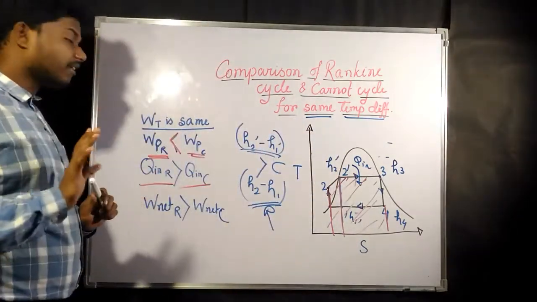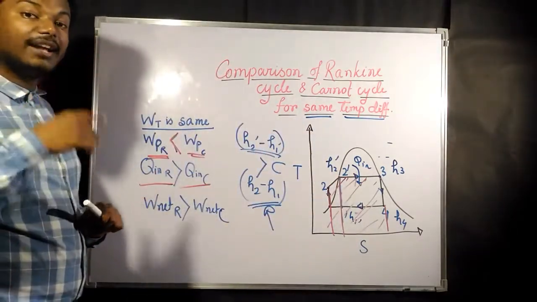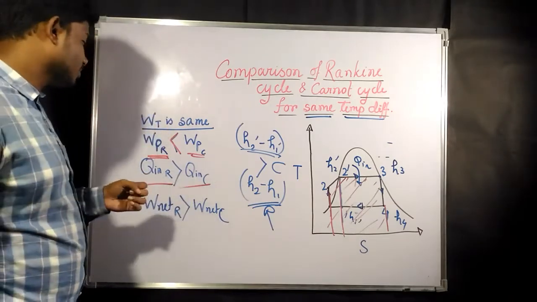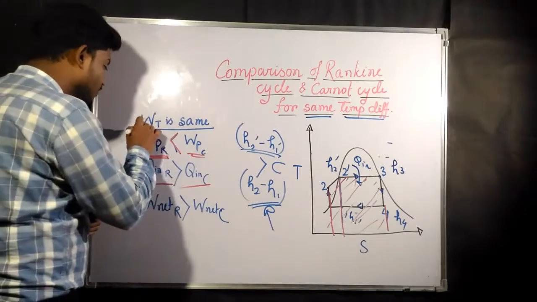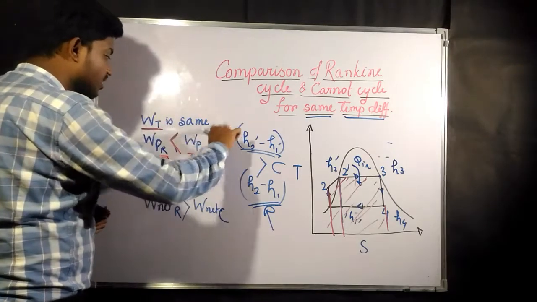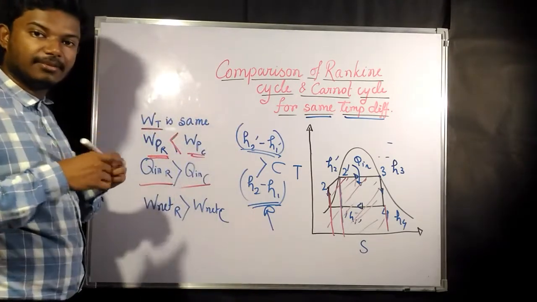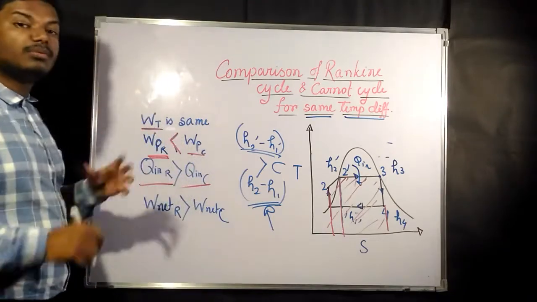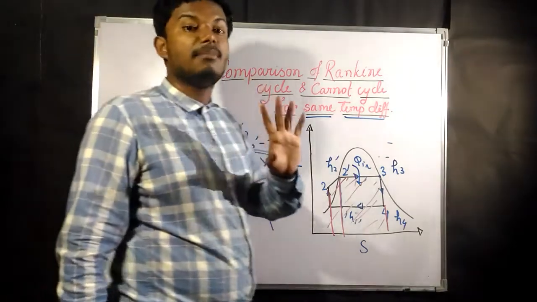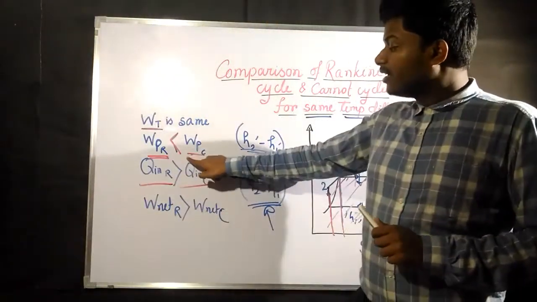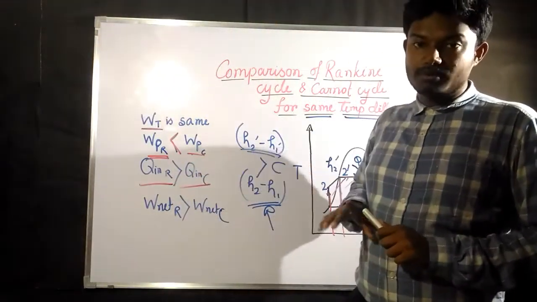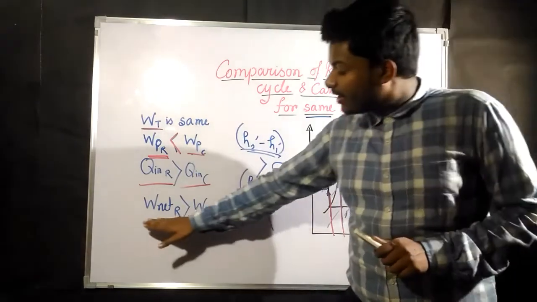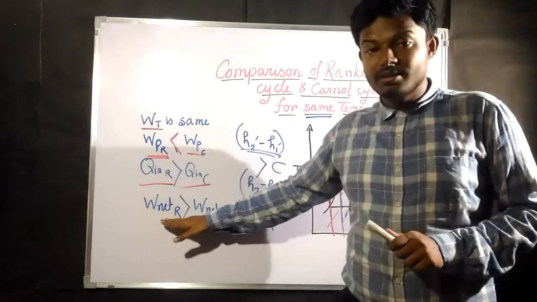Now let us find out in which case W net is going to be the same. You have seen that WT, the work done by the turbine, is the same for both cases, and the work done by the pump for the Carnot cycle is going to be more. That means the net work done for the Rankine cycle is going to be higher.